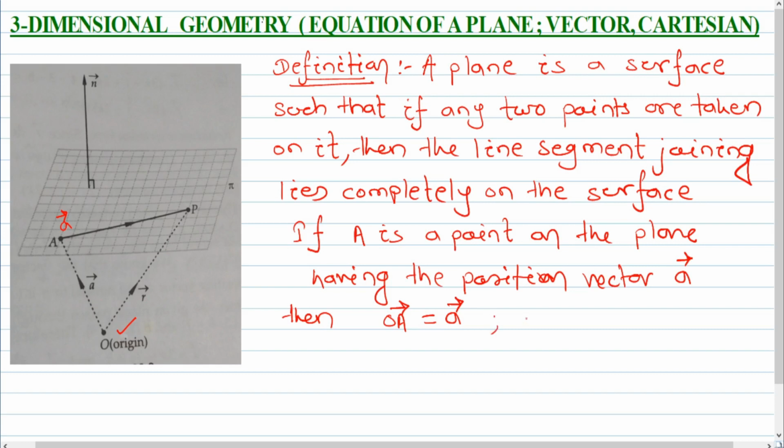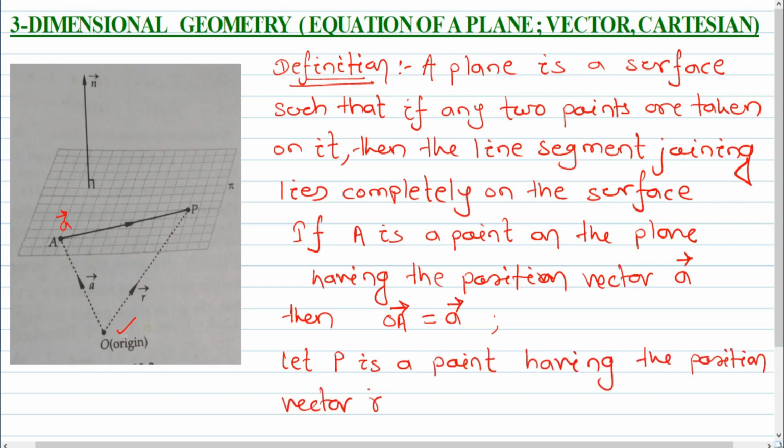Now we'll take another point. Let P be a point having the position vector R. That implies OP vector is equal to R vector. You see, this vector OP is equal to R vector. So this is R vector, this one is A vector and this one is R vector.